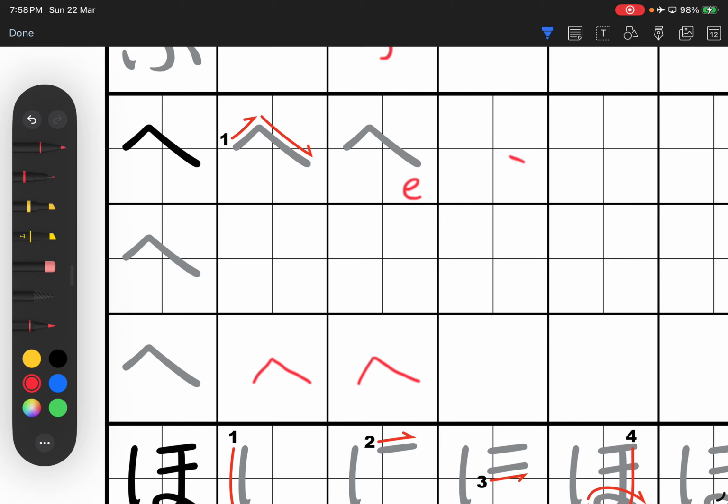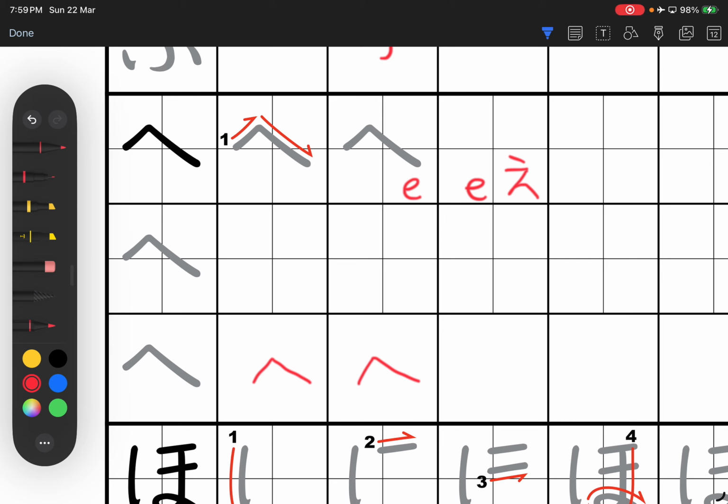Okay, so the difference between the sound of this and this is that the left side of this one is going up. It's like A-I-R, right? Then the other is going down.